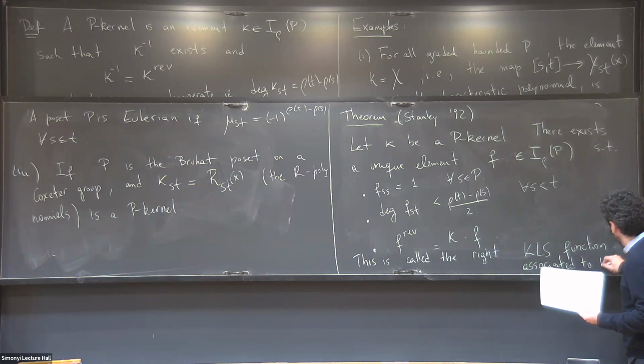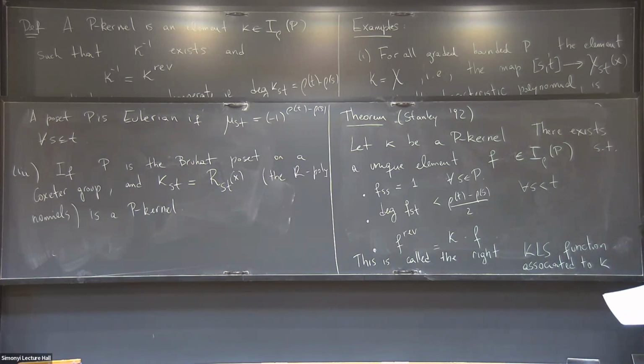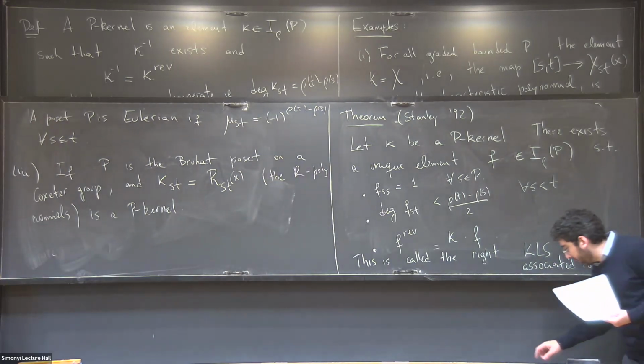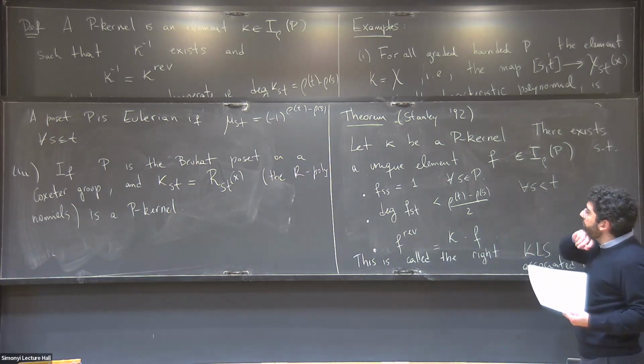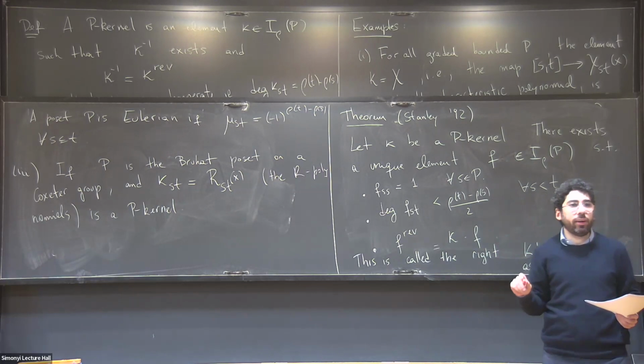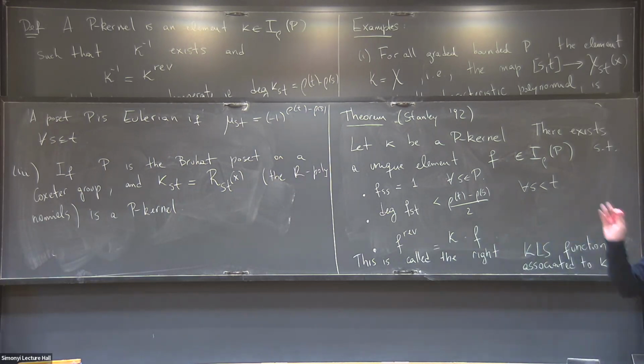Exactly, so let me write that in color. Stanley didn't actually care about the side. So he actually defined only this thing. But then Nick Proudfoot, actually it was Brenti, and then Nick Proudfoot wrote it down very carefully, noticed that here there is a choice involved.